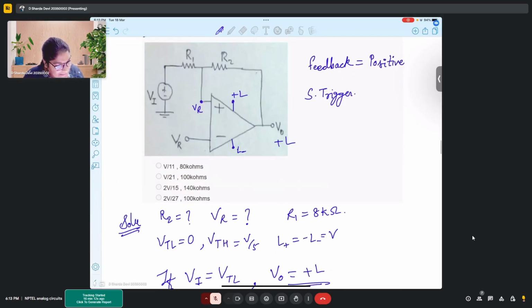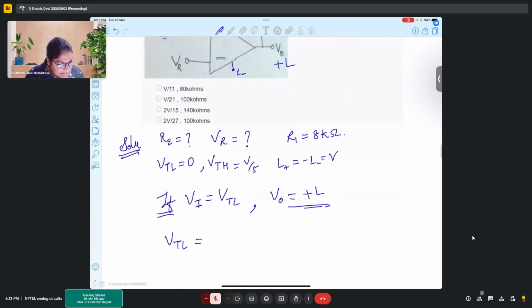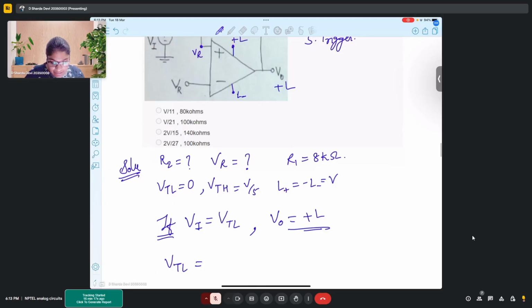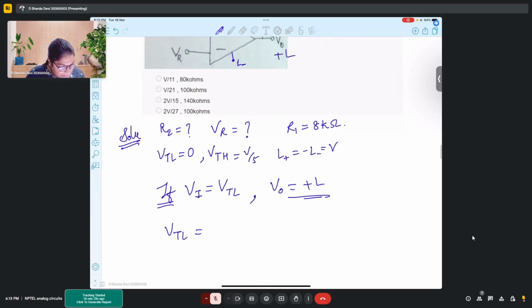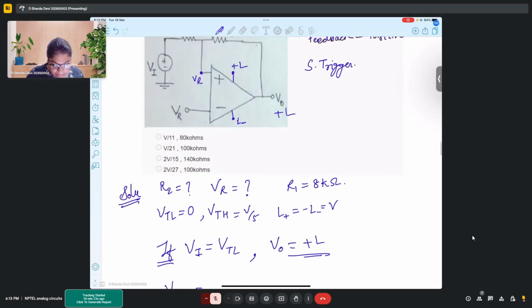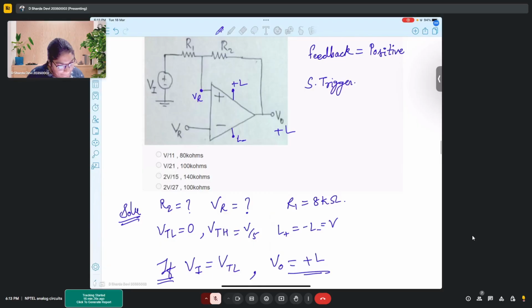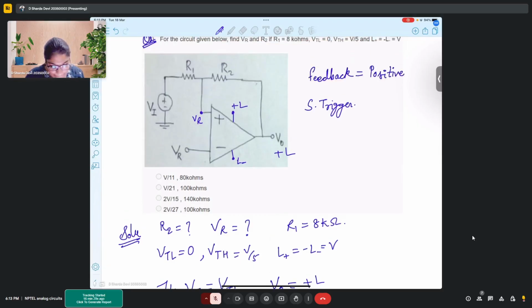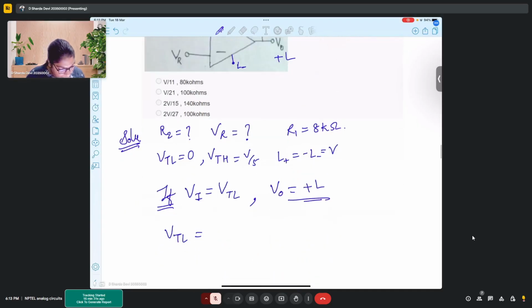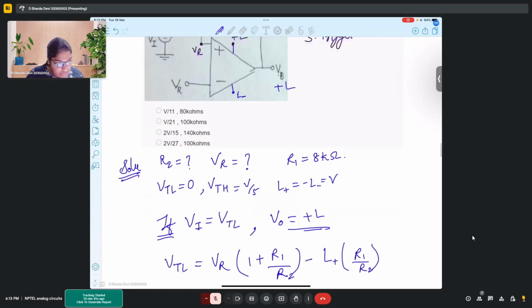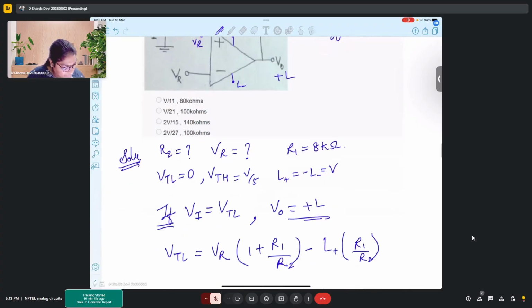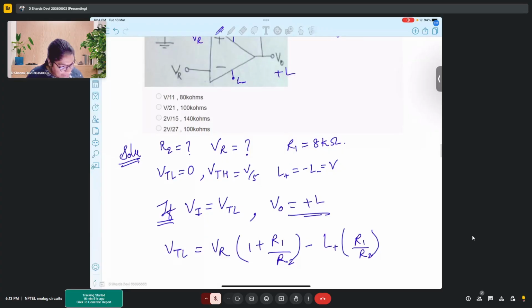So if this is plus L and this is VR, then the voltage VTL is nothing but VR times (1 plus R1 by R2) minus L plus times R1 by R2. This comes from the KCL equation.